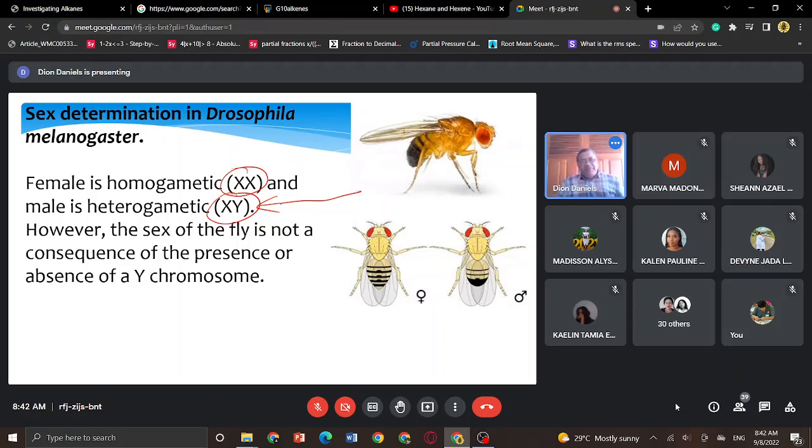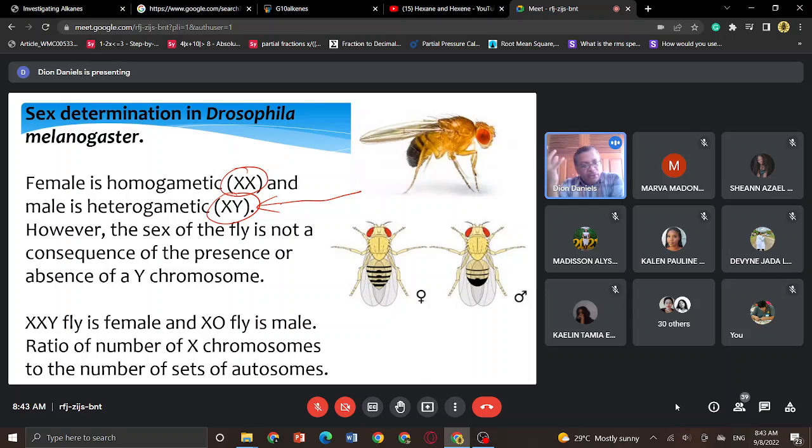That male that is heterogametic is not male because of the presence of the Y. No. The sex of the fly is not a consequence of the presence or absence of that Y chromosome. Right now, this might sound very confusing to you guys, but just hang in there, and we'll clear this up in just a few.